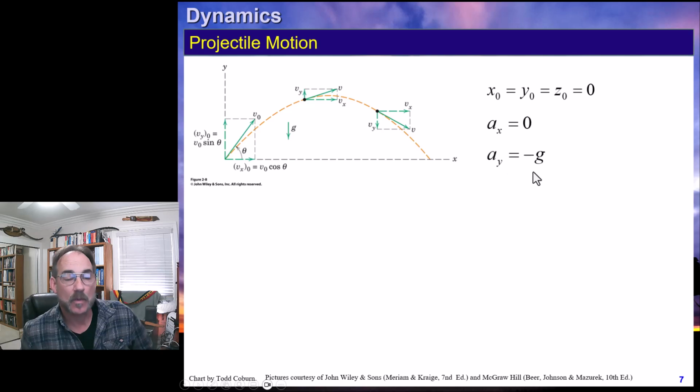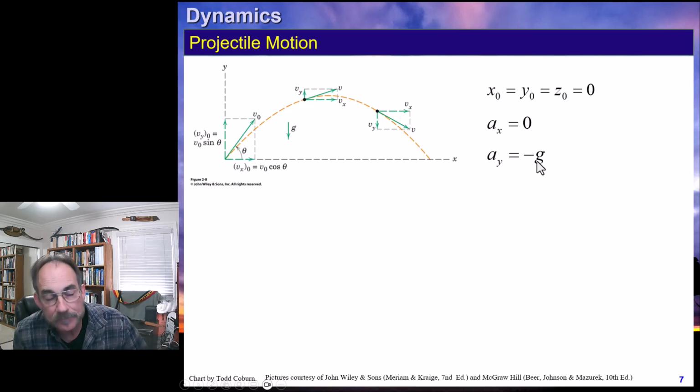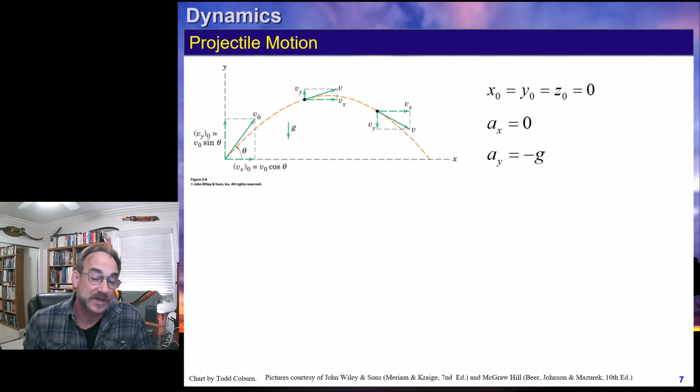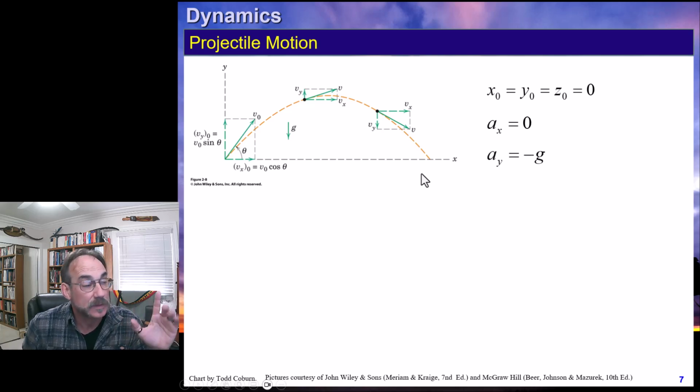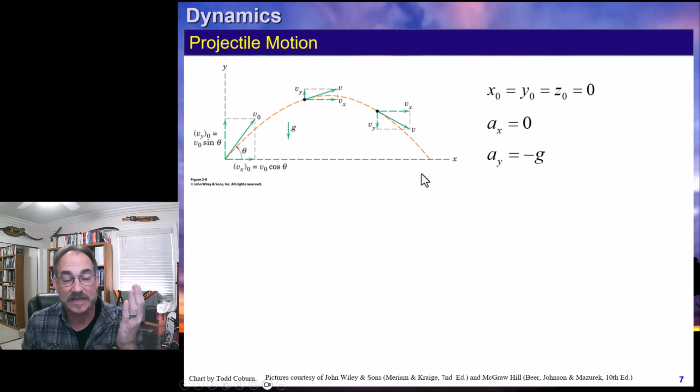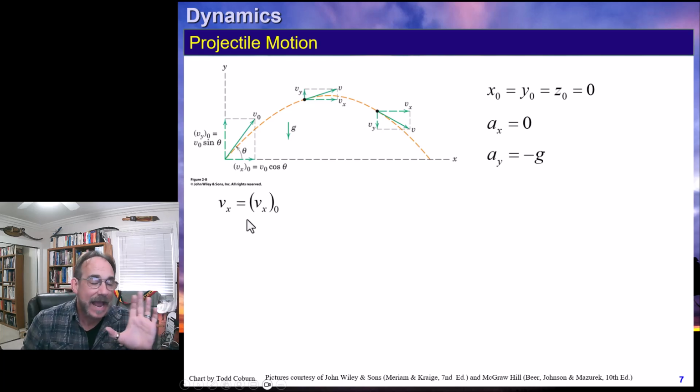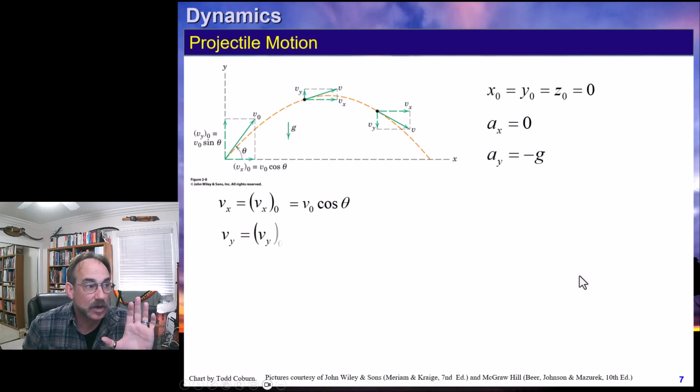Our acceleration in the y is g, but it's acting downward, so it's negative g, 32.2 feet per second squared, 9.81 meters per second squared if we're on this Earth, right? And it's always going to be negative because it's always pulling toward the center of the Earth. So since we defined y as up, this is a negative g pulling us downward. These are just the magnitudes of those values. So v_x is just the x component of the initial velocity, which is V0 cosine theta.